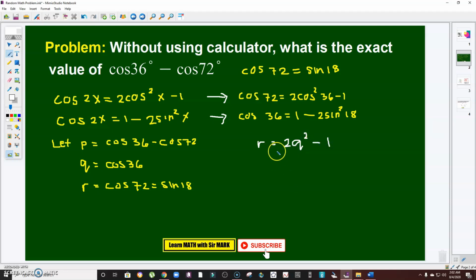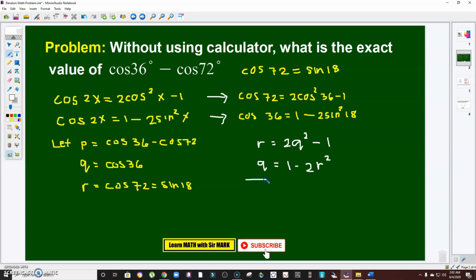Next, cosine 36 is q, so q is equal to 1 minus 2 times sine 18, which is r also, so that is r squared. Now, what we are after is cosine 36 minus cosine 72.